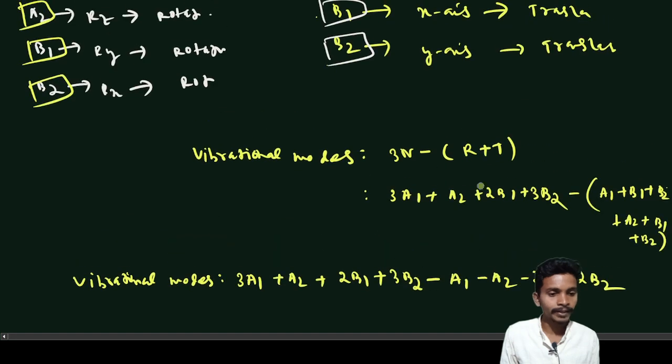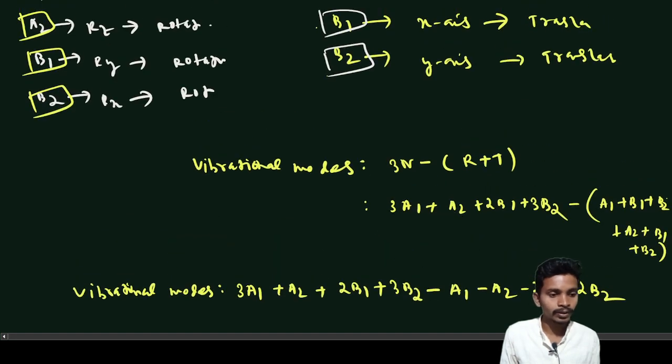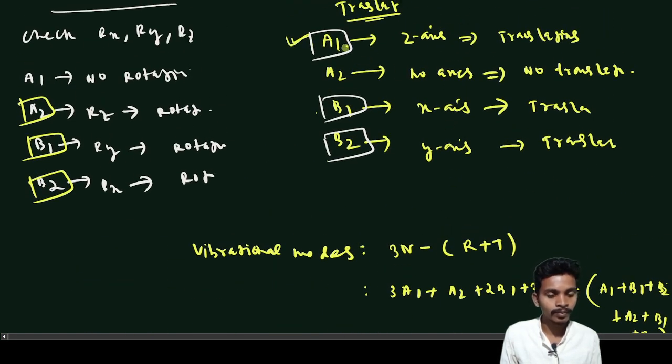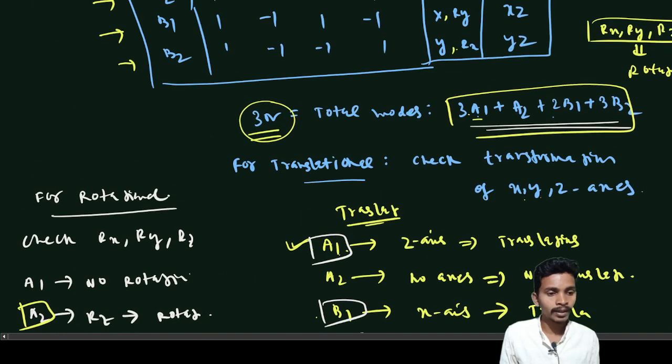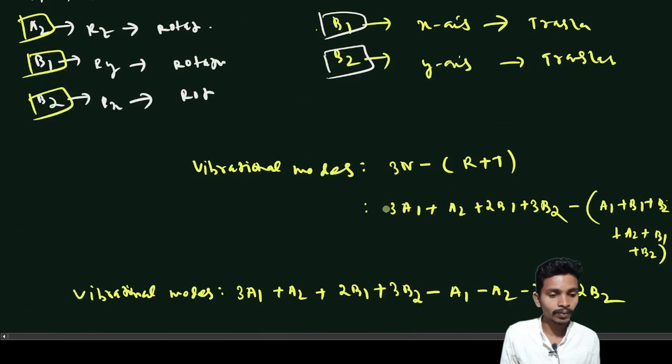If I wrote 3A1 for the translational, then this 3A1 would cancel, and in that case I would not get the vibrational modes.